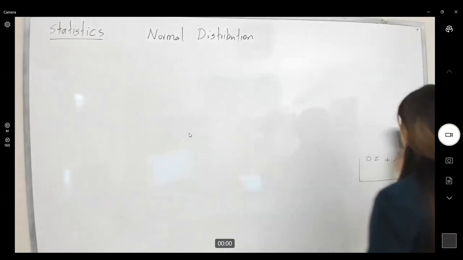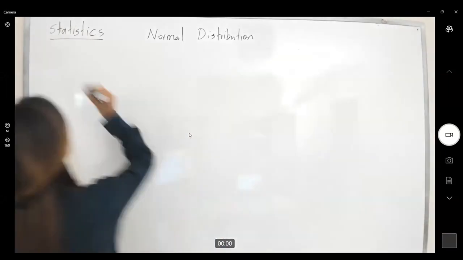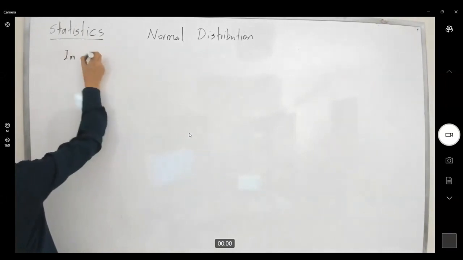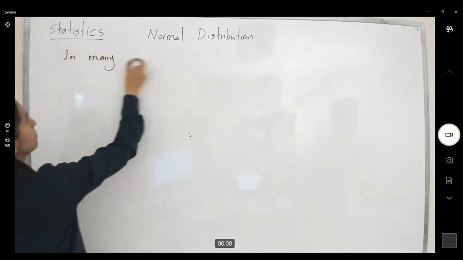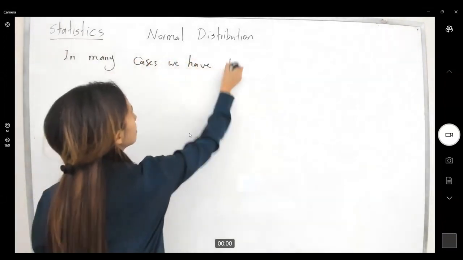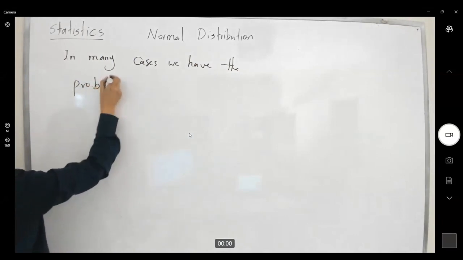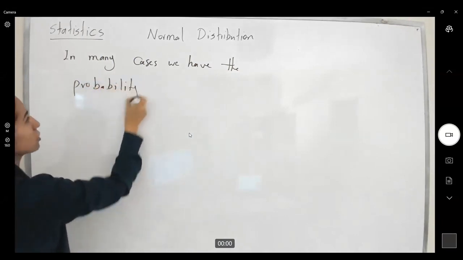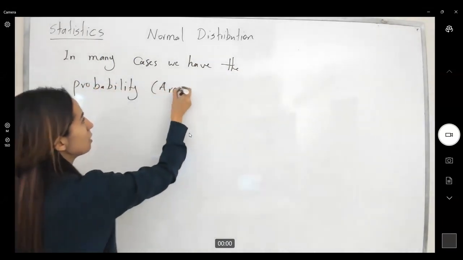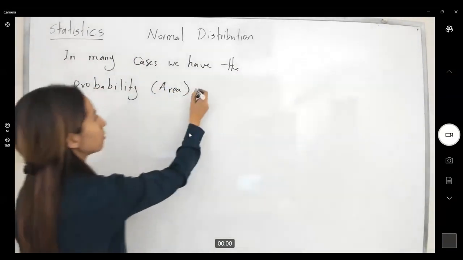So in many cases, we have the probability. Again, guys, when we're talking about the probability, we're talking about the area below the graph. We have the probability.